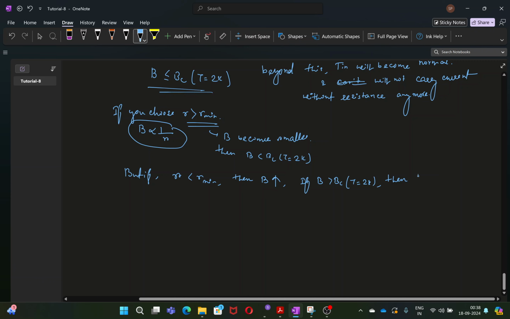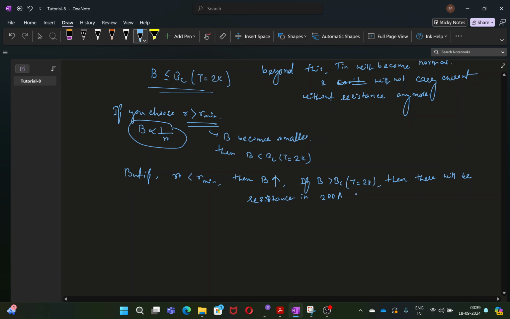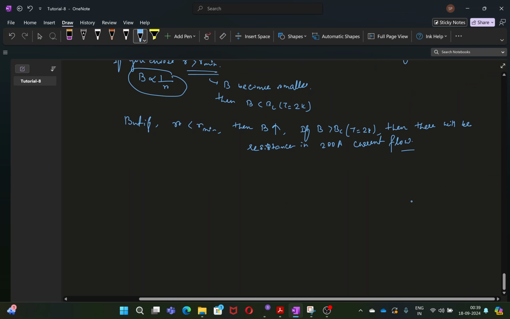then there will be resistance in a 200 ampere current, which is a huge current flow.